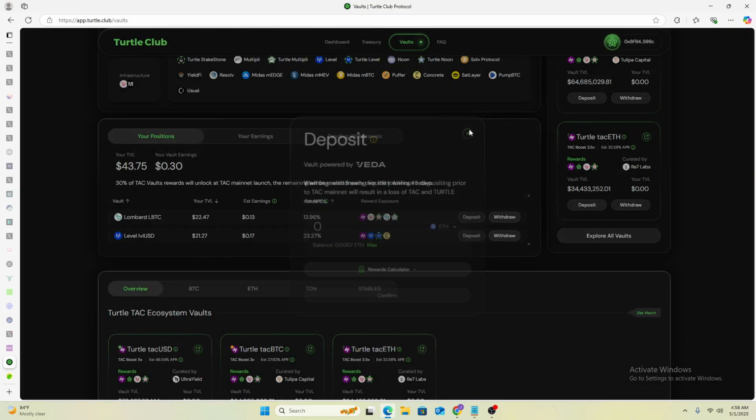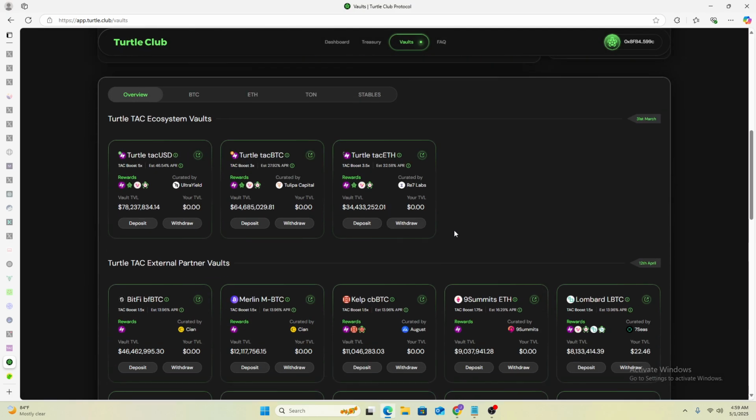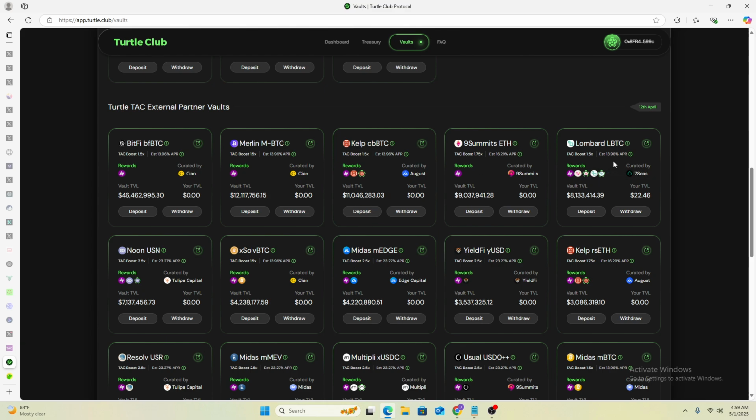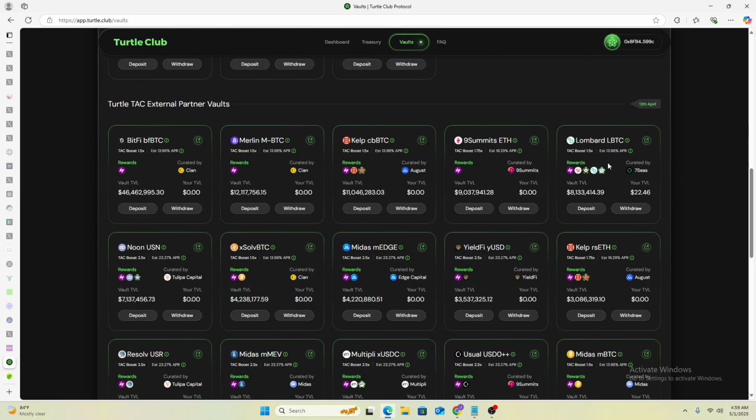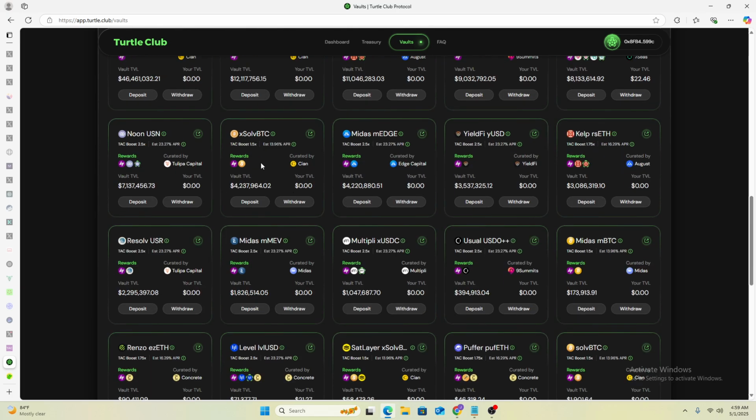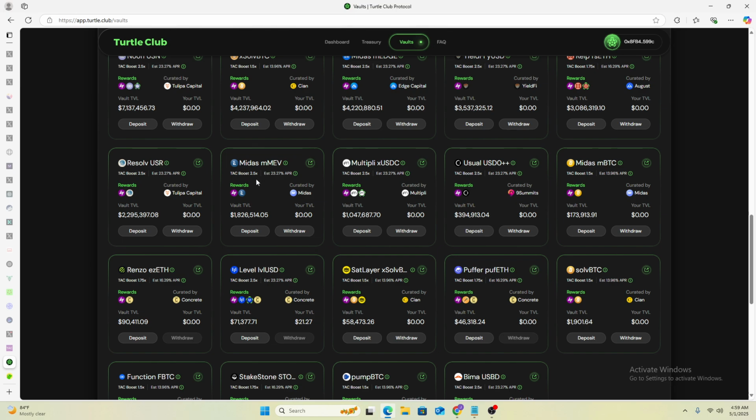So I looked at my wallet and all the partner projects here. Do I have any interaction with any of the partner projects here? And I do have, like LBTC on Lombard. I have some funds on Sol Finance just sitting idle in my wallet. I also have Resolve USD, USR, you see, and I have Level USD.